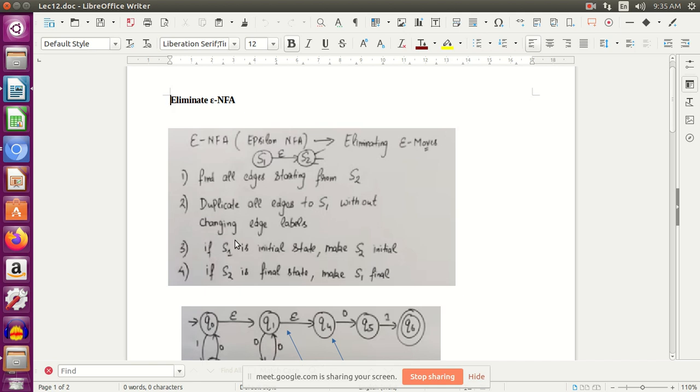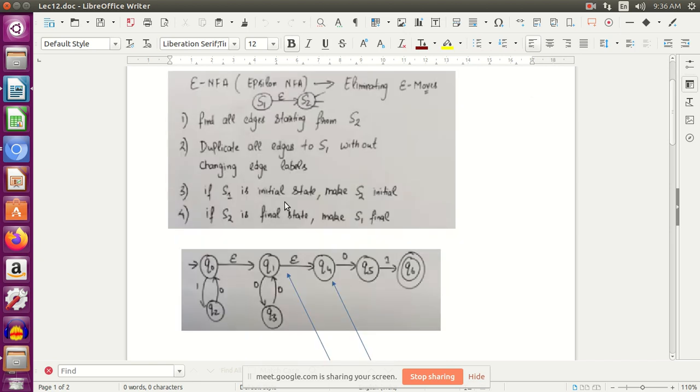Again, if S1 is the initial state, we need to make S2 the initial state, and if S2 is the final state, we need to make S1 the final state. These are the steps we have to perform for removing an epsilon move.